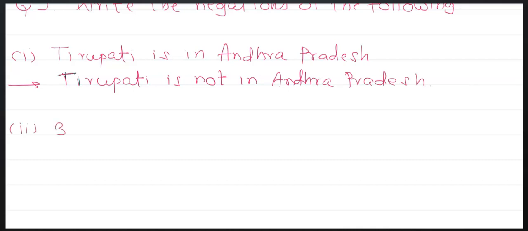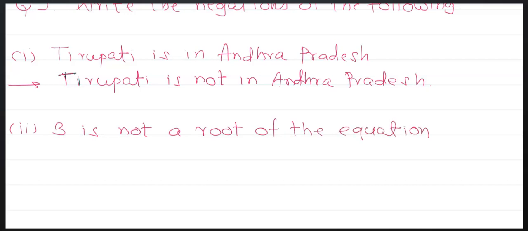Next is three is not a root of the equation x square plus 3x minus 18.